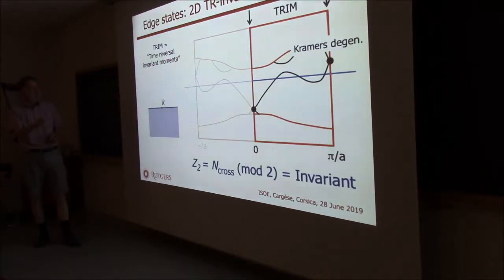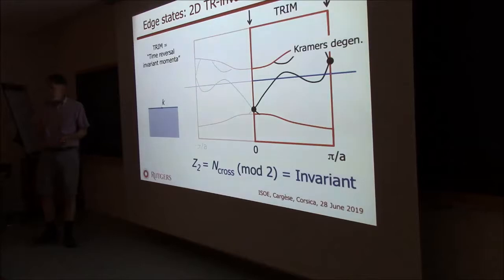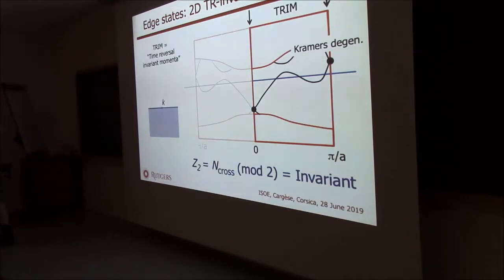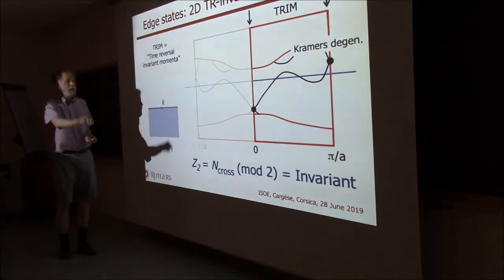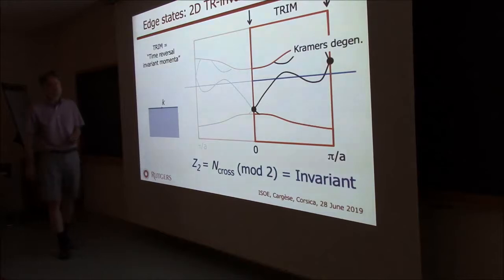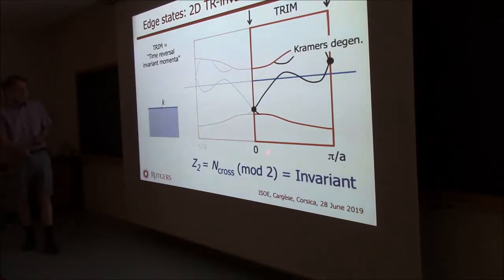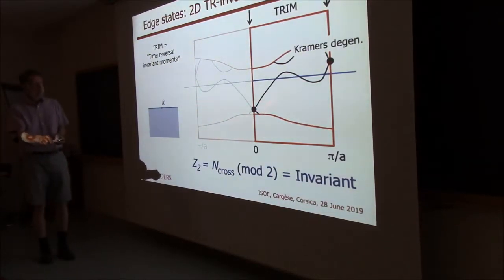Momenta means wave vector k, right? So the time reversal invariant k points. In the topological insulator field, you may have seen TRIM. It means the places in the Brillouin zone where the wave vector is mapped onto itself by time reversal symmetry. So in one dimension there are two of them, and there are Kramer's degeneracies.